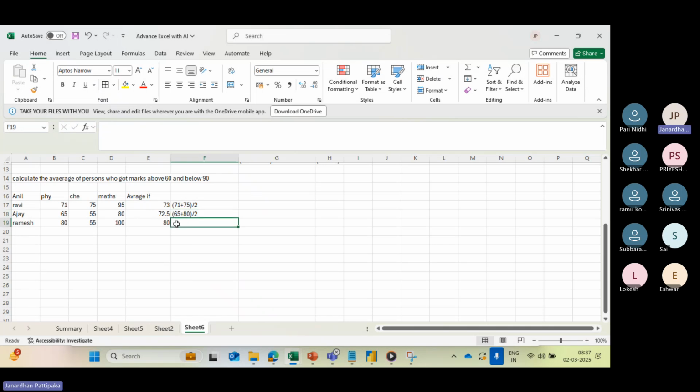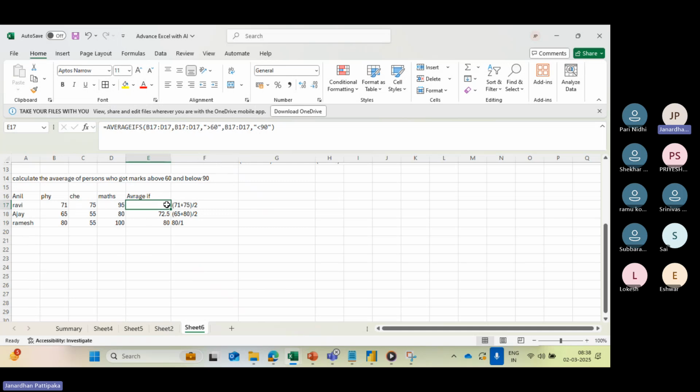And for this formula, how will it execute? Between 60 to 90, 80 will fall in 60 to 90, so it will be considered. This 55 is below 60, it will not be considered. 100 is above 90, it will not be considered. So the internal execution will be 80 by 1. So the result is 80. In the earlier one, 71 plus 75 divided by 2, we got the average, because the criteria should be greater than 60 and below 90.